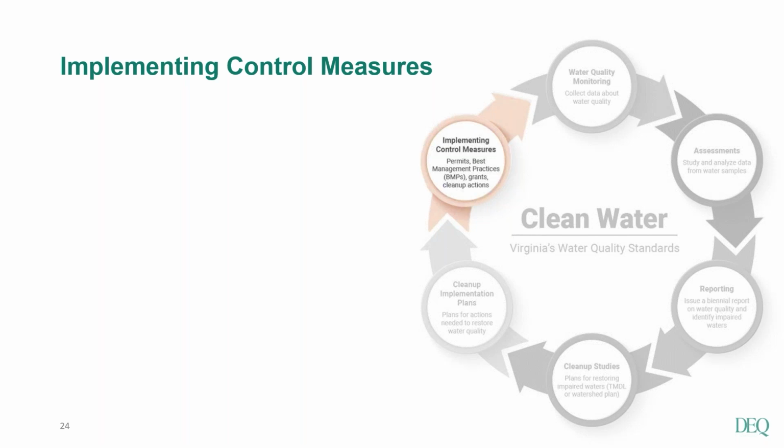There could be a TMDL written to address the fish contaminant, in that case PCBs. We wouldn't necessarily replicate the same TMDL over, but there could be a number of TMDL equations for a given water body for any parameter or pollutant contributing to impairment. It's kind of a long-winded answer, but I hope that answers the question.